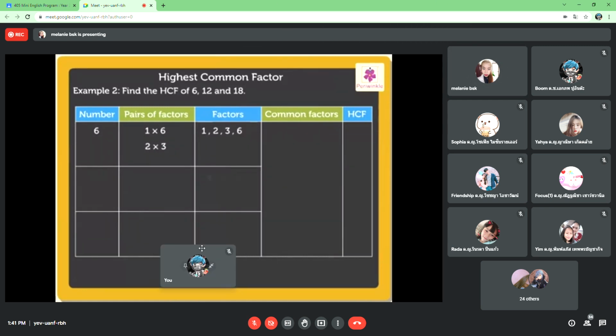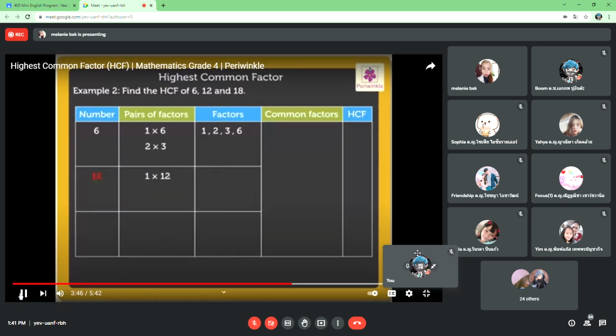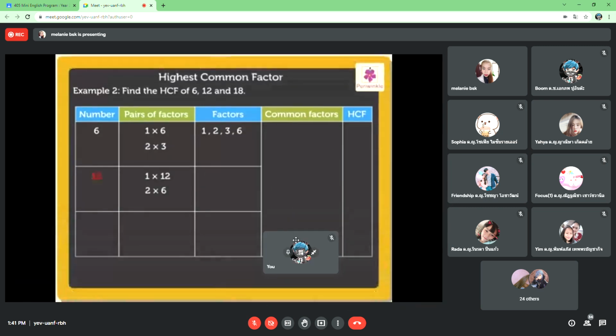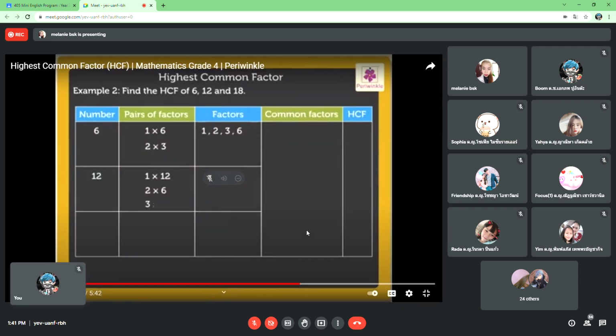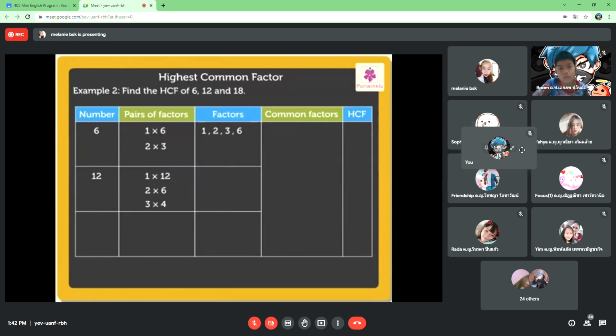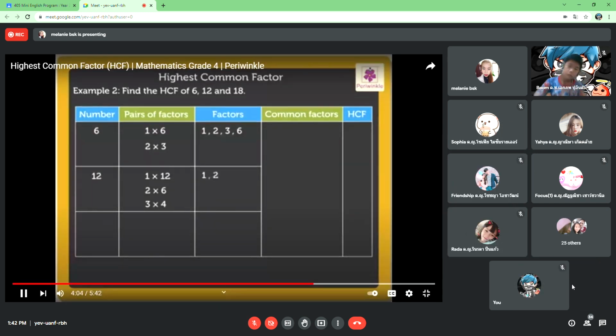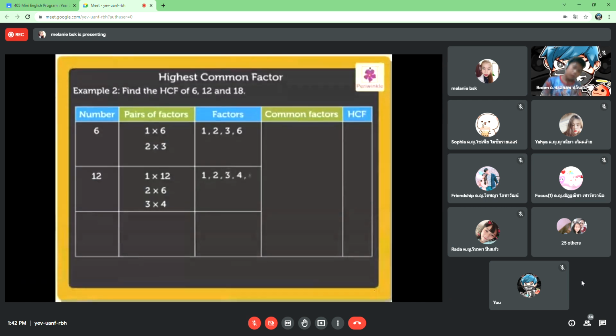The pairs of factors of the number 12 are 1 times 12 is equal to 12, 2 times 6 is equal to 12, 3 times 4 is equal to 12. Thus, the factors of 12 are 1, 2, 3, 4, 6, and 12.